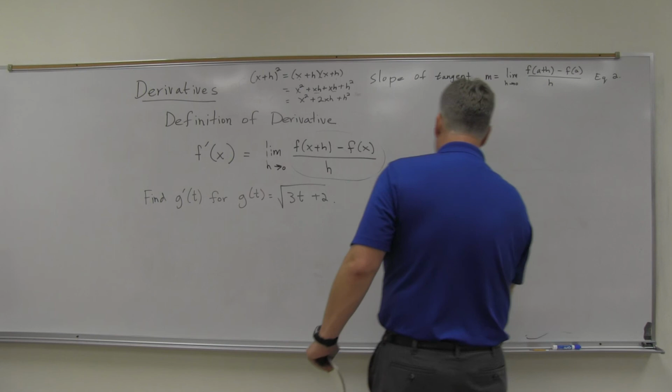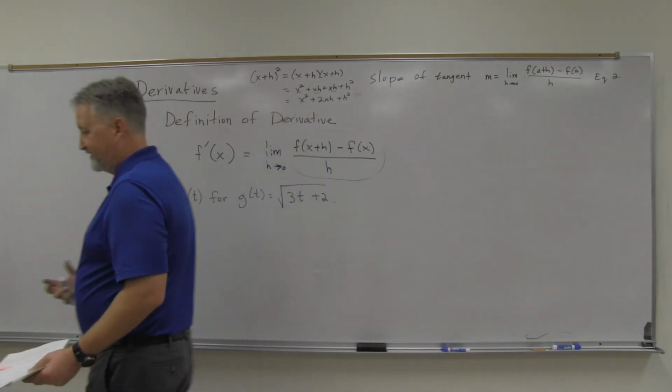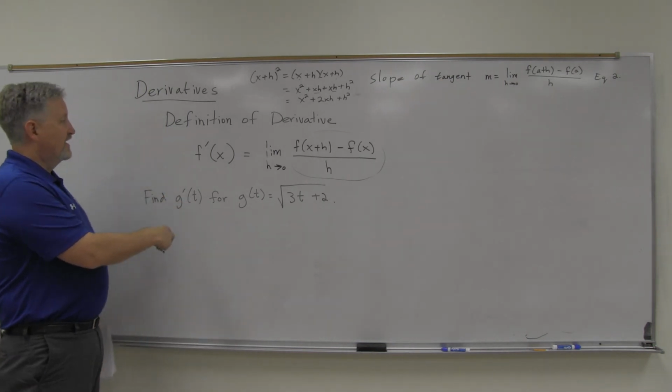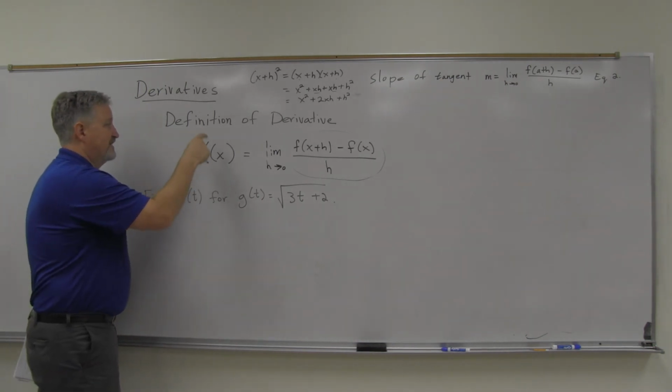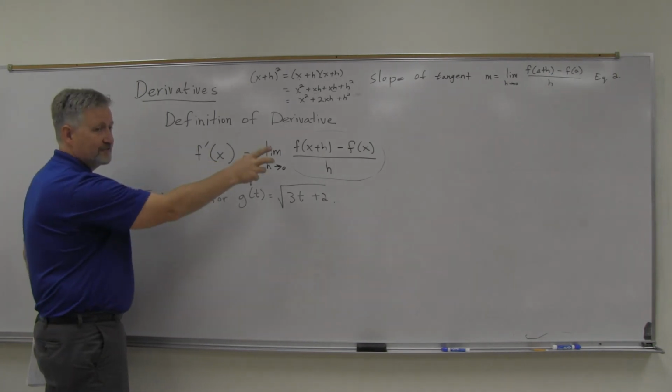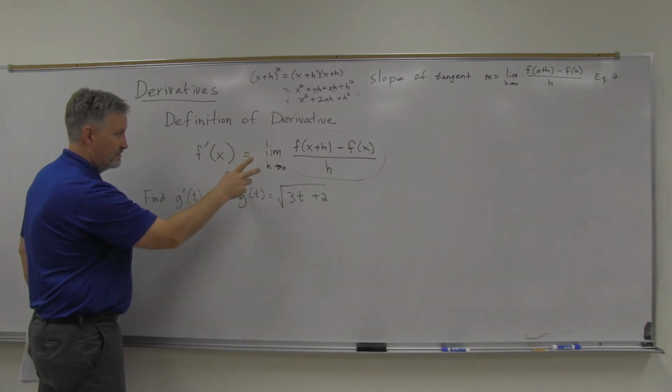All right. So we switched it up a little more here. But I'm still finding the derivative, right? It's g prime, that's the derivative. I now just have to use g instead of f and t instead of x. So that's what changes over there too, do the exact same changes over there.